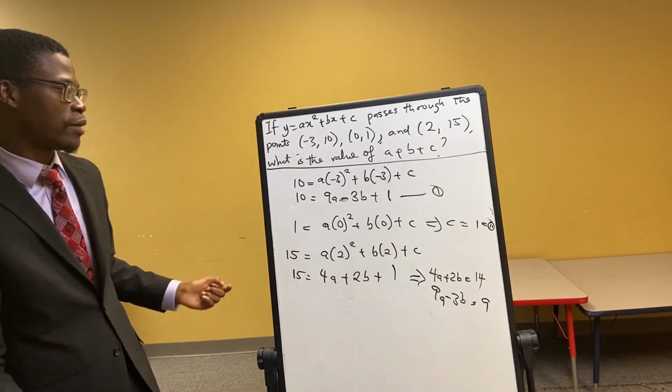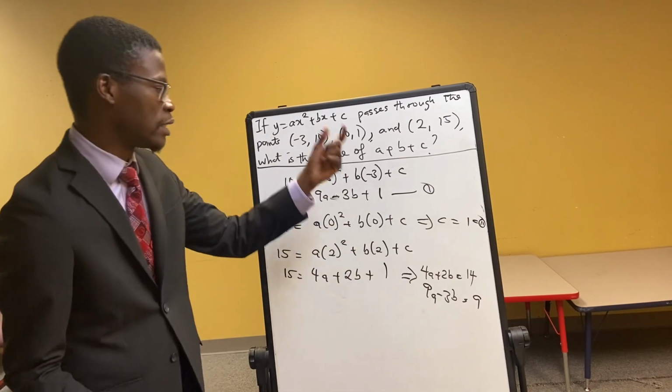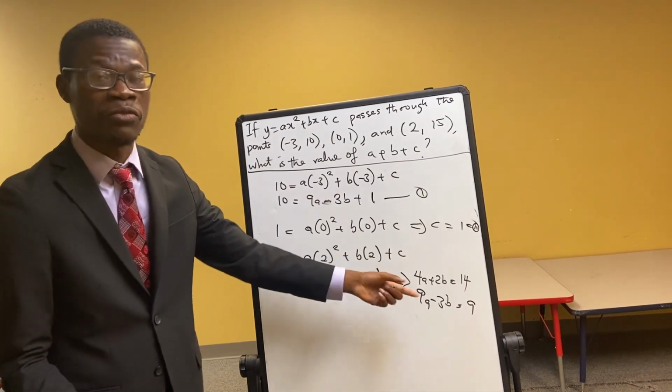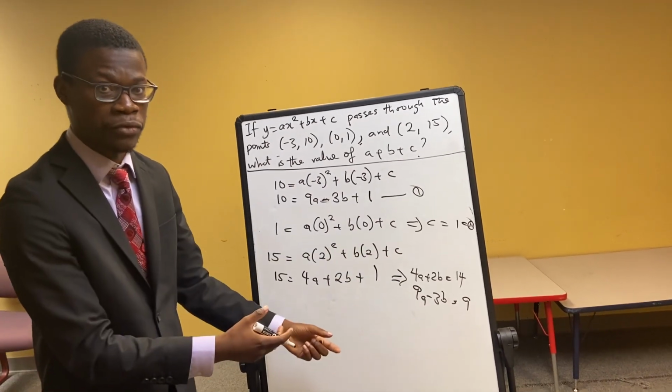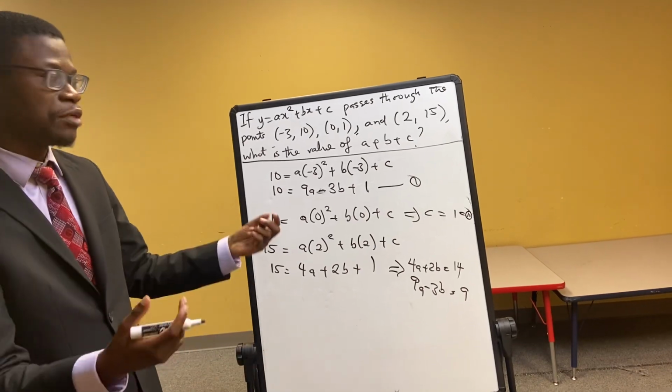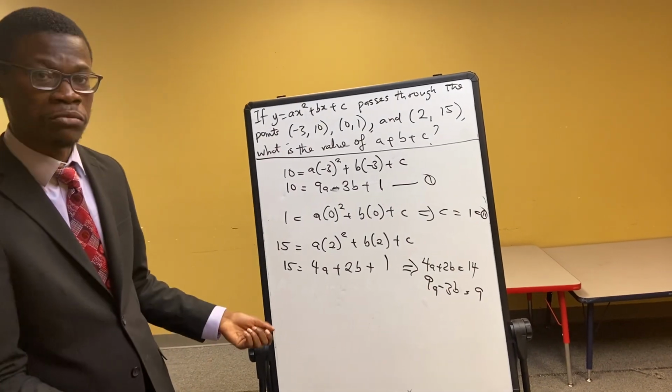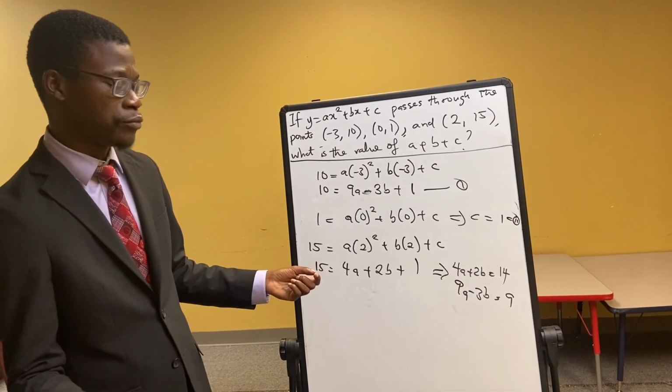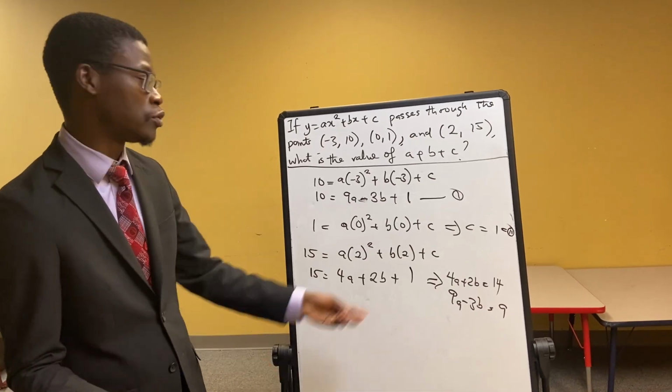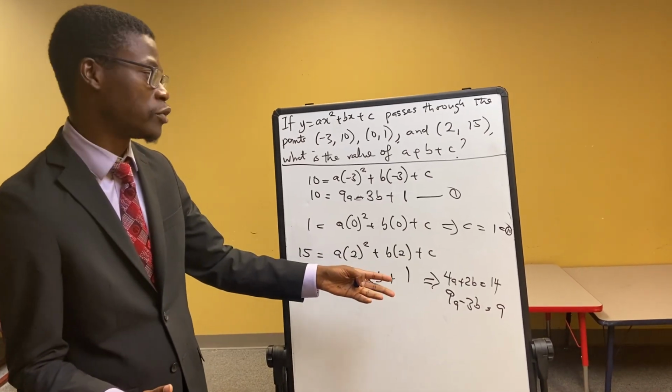So what does that give you? It gives you a simultaneous equation, or a system of linear equations, that you can solve. We could use the elimination method or the substitution method, whatever method you're familiar with to solve a system of simultaneous equations.